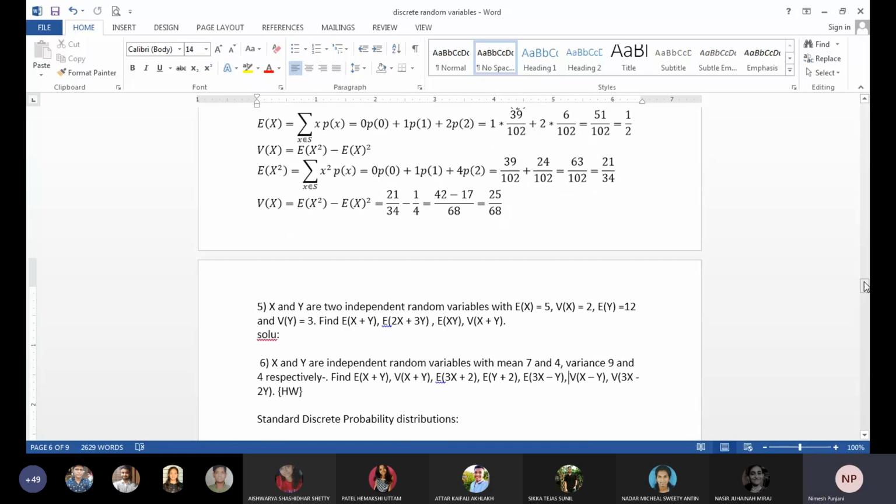Sum number 5 you do now. Sum number 5 में मैं और एक क्वेश्चन ऐड कर देता हूँ. एक मिनट. Okay.